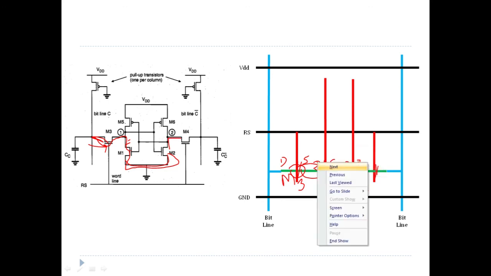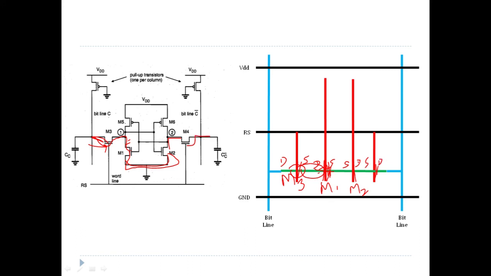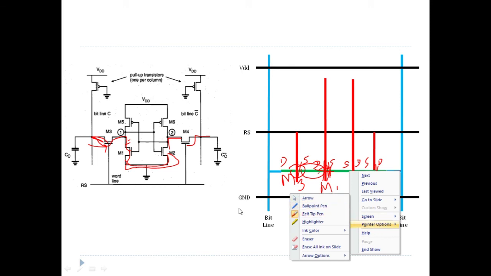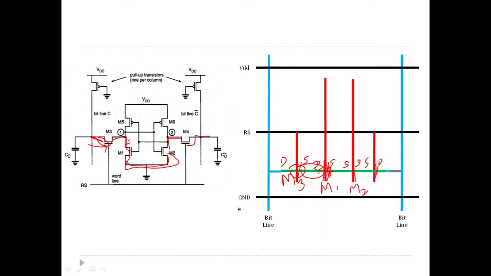This is the source of M4, and the drain of M4 is connected to the bit line. This is the drain of M4, which is connected to the bit line using this metal connection. So this gives us an idea about the transistors. These are NMOSes; at least we have drawn the stick diagram for the NMOSes.